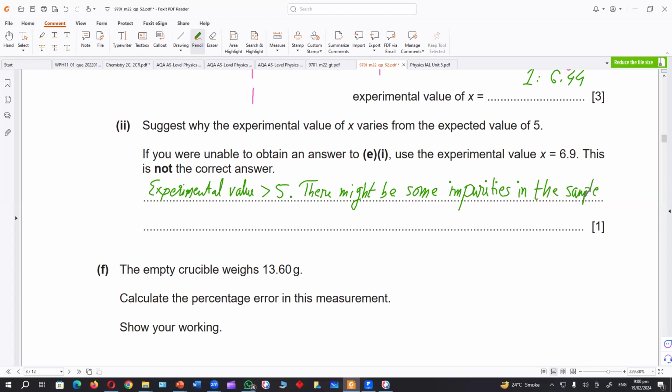So one possible answer, which is like a memory answer, is the presence of impurities.